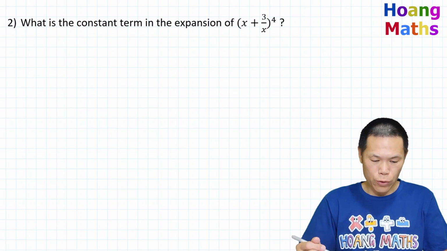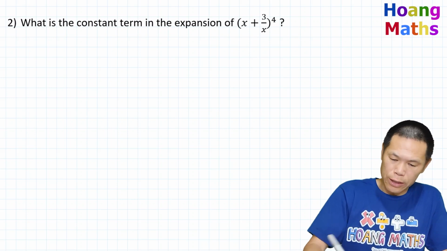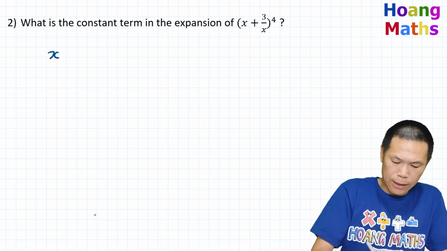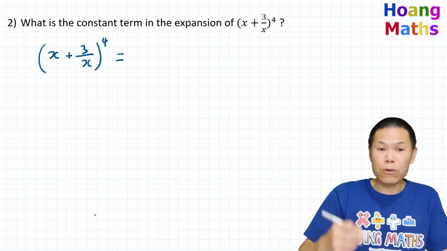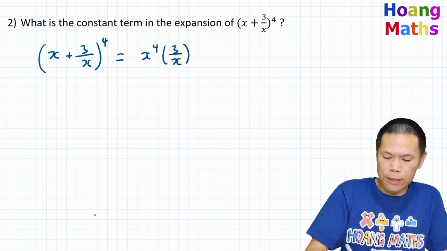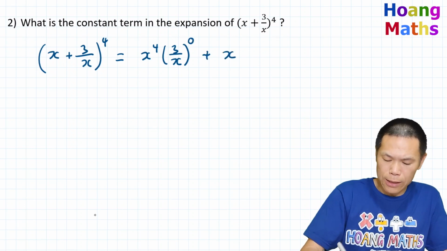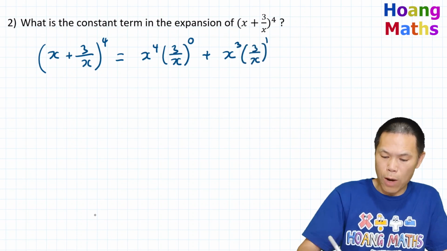So first of all, we need to expand the brackets first. So let me just write this down. So this is x plus 3 over x power 4. So now the first term is x, so x power 4, and then 3 over x power 0. Then we add, decrease, the power 4 becomes 3, and this term here is increased, becomes 1.